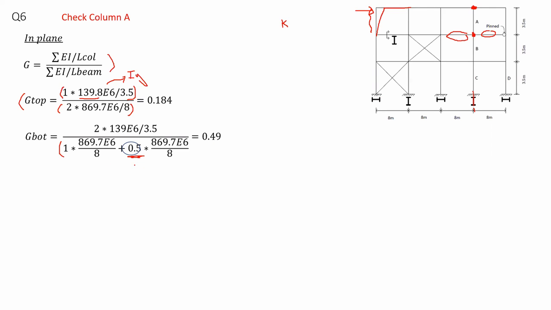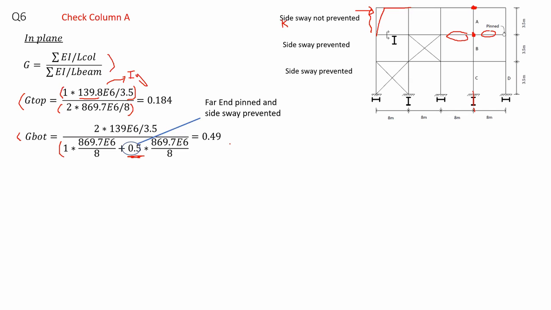Now, after calculating G top and G bottom values, here we have the explanation. This is actually far end pinned and sidesway is not prevented. This floor, as I said, is where column A is located, and the sidesway is not prevented.